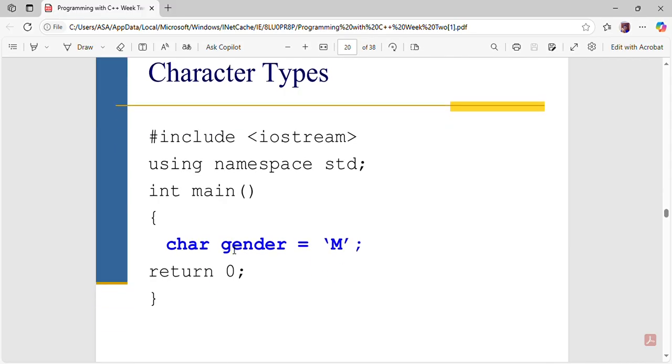Let's look at some character types. So we also have our main source code, and the character has been shortened to char, gender equals, then a single quote, M, and then another single quote to enclose it.